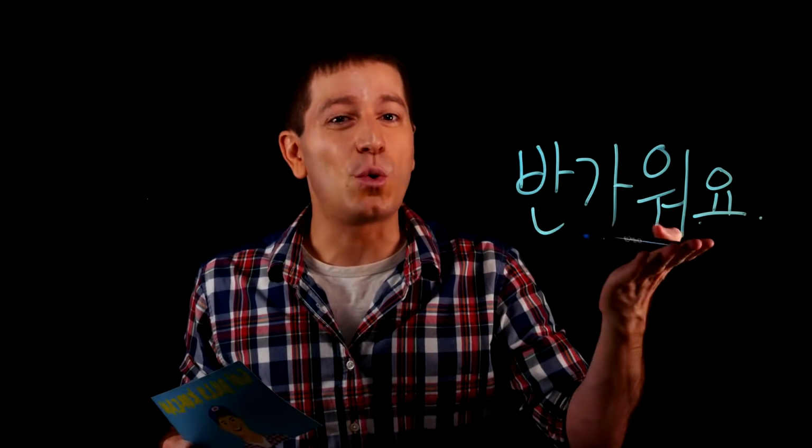Next one. When you are meeting someone for the first time, regardless of their age, well, unless they're like a little baby or something, a little kid, you need to be polite to them because you're not close with them yet. You're not their friend yet, even if they're slightly younger than you. So you should never say 반가워 when meeting someone for the first time. You could say 반가워요, but this is still quite casual.